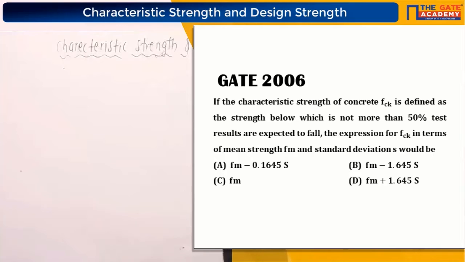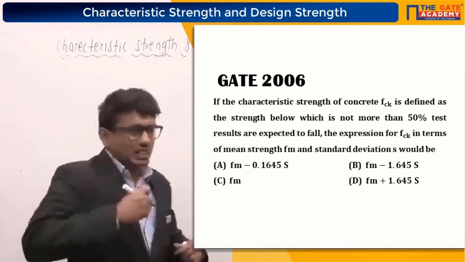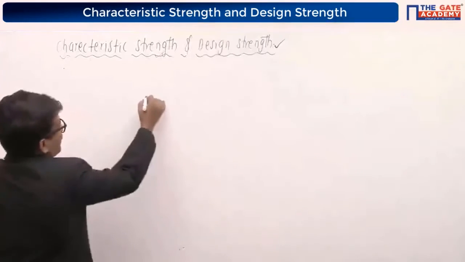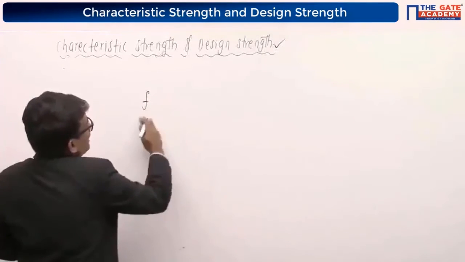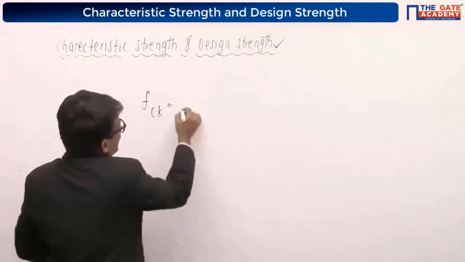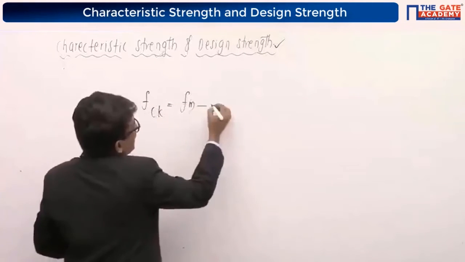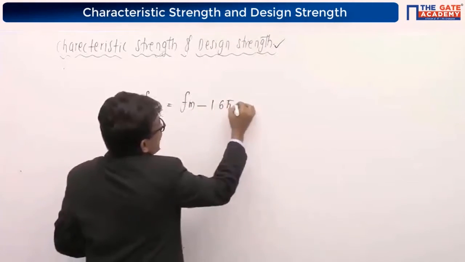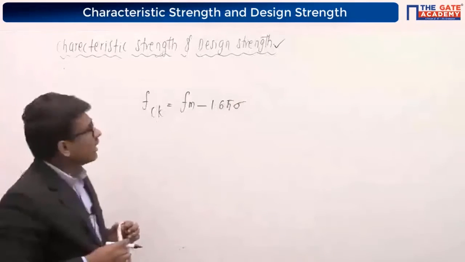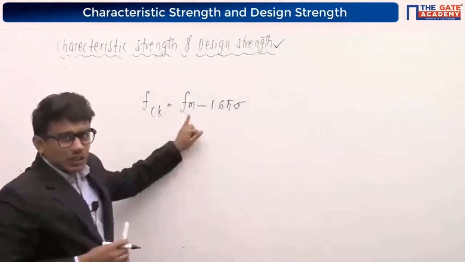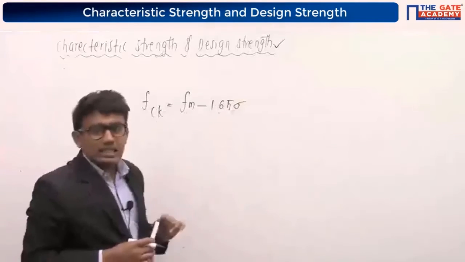Just now we have discussed the characteristic strength of the concrete. As per the definition, FCK is equal to FM minus 1.65 sigma, where FCK is the characteristic compressive strength of the concrete, FM is the mean strength of the concrete, and sigma is the standard deviation.